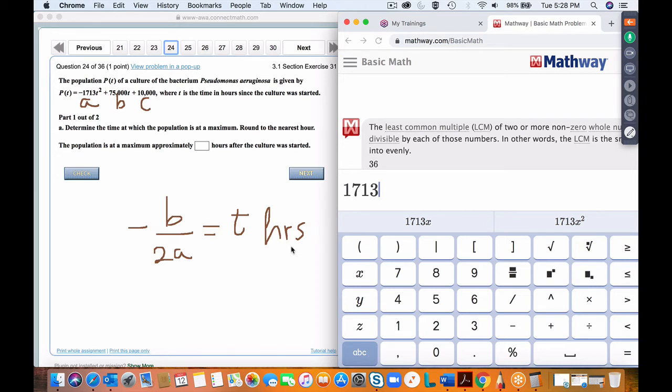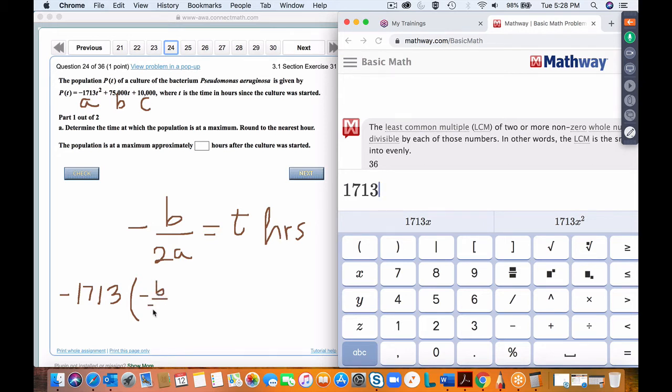The maximum point is given by this number of hours. You have the maximum population. So what you do is substitute in the formula the maximum value for t. To find the maximum, instead of t, we write this number.